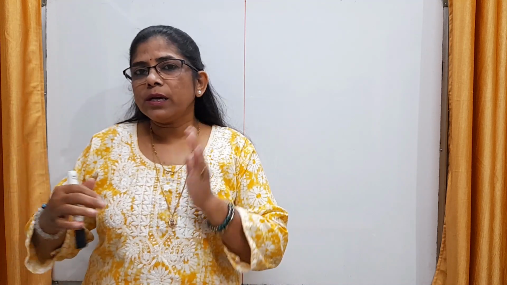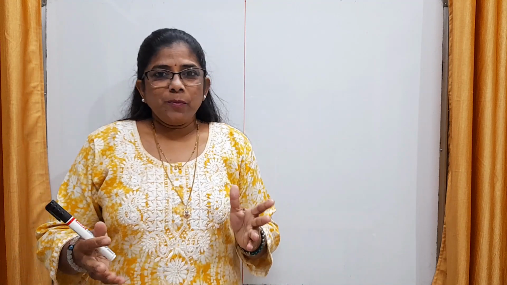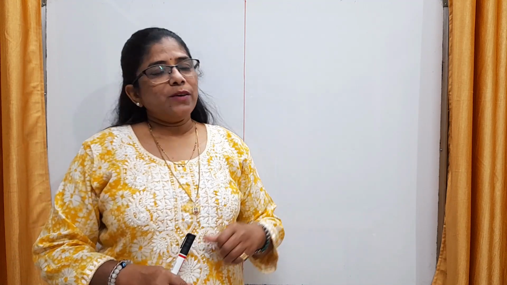Later when you come to the quadratic equation, only one or two steps get added there, but the remaining part is going to be same. So even this is going to be very helpful for the students of class 10. So without wasting time, let's start straight away with the first example of this video.